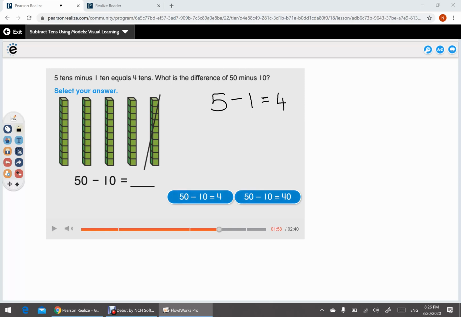It means from 5, if you take away 1, I'm left with 4. The same thing is with the tens. 50 minus 10, if I have 5 tens here, 1, 2, 3, 4, 5. If I take away 1, how many am I left with? 4 or 40? Come on, tell me. Excellent.